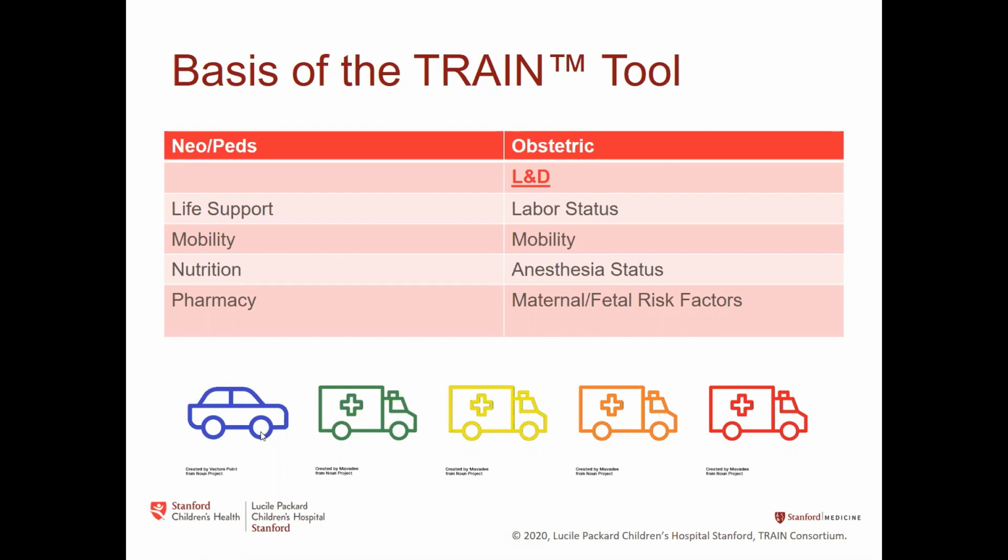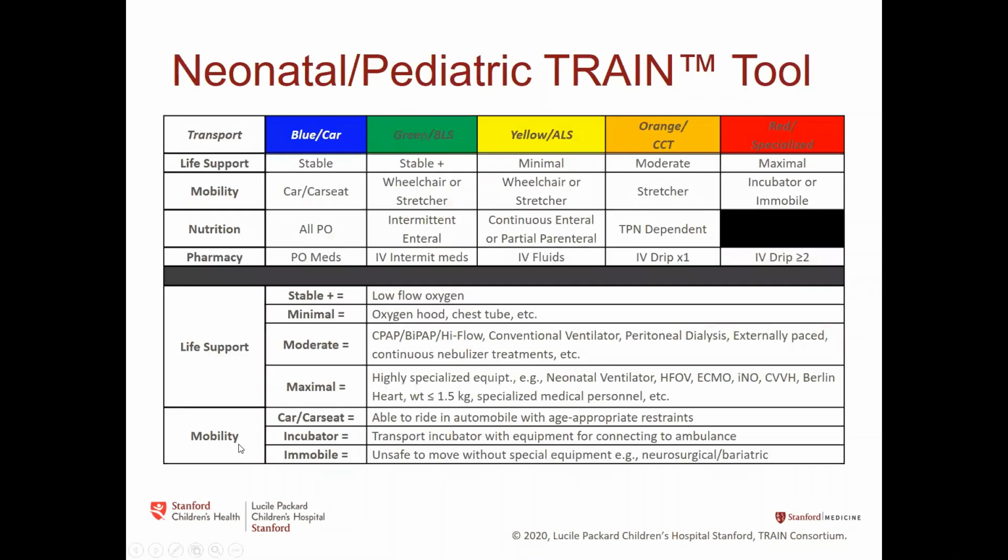They can be sent out in a car, in a minimal ambulance like a Medivan, a standard basic life support ambulance, an advanced life support ambulance, or they need a specialized rig and crew. Next, please.